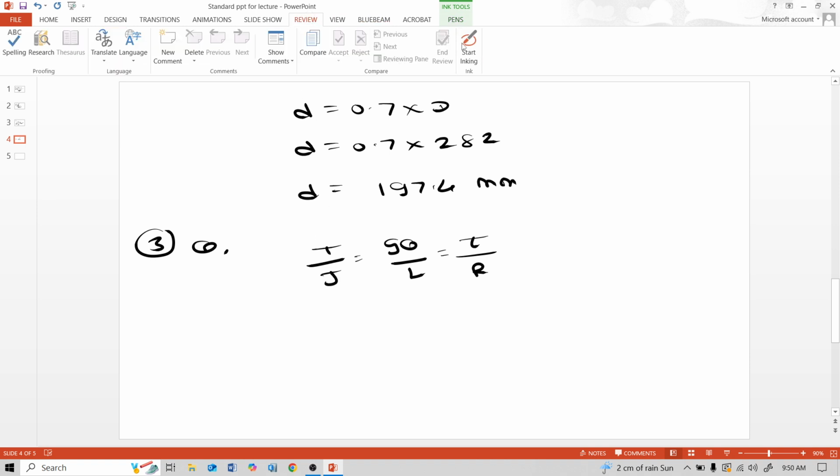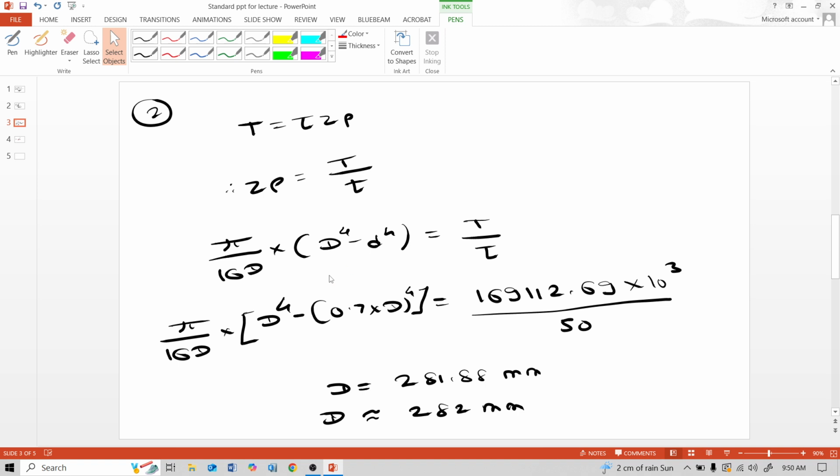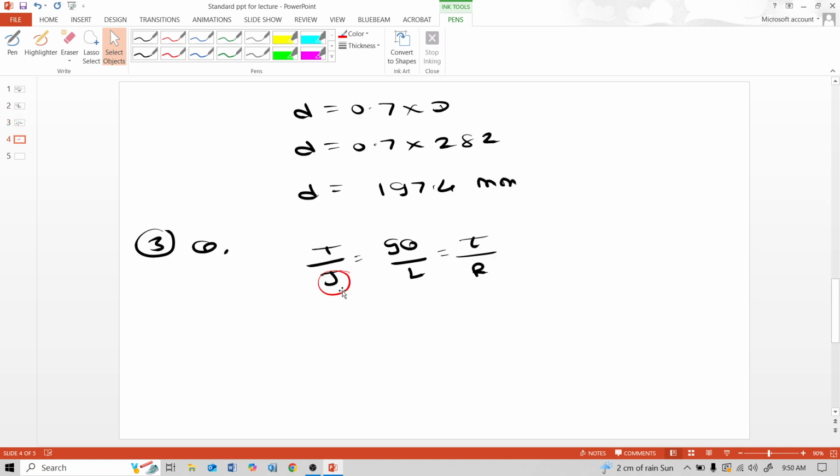But we have this R, this stress, this length, and the shear modulus, which we will assume as 80 GPa.